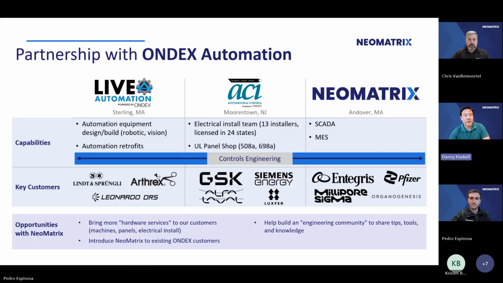We were recently acquired in March of 2025 by Ondex Automation, which provides additional capabilities that we didn't have before. Live Automation does controls engineering, but they also do custom automated design and build of equipment, including robotics and vision. ACI designs and builds UL panel shop and also has a pretty significant electrical install team.